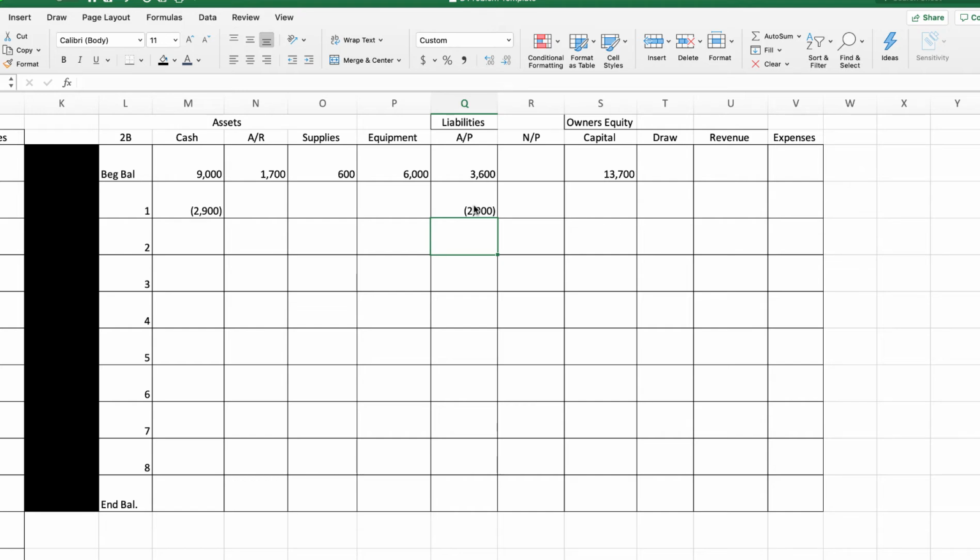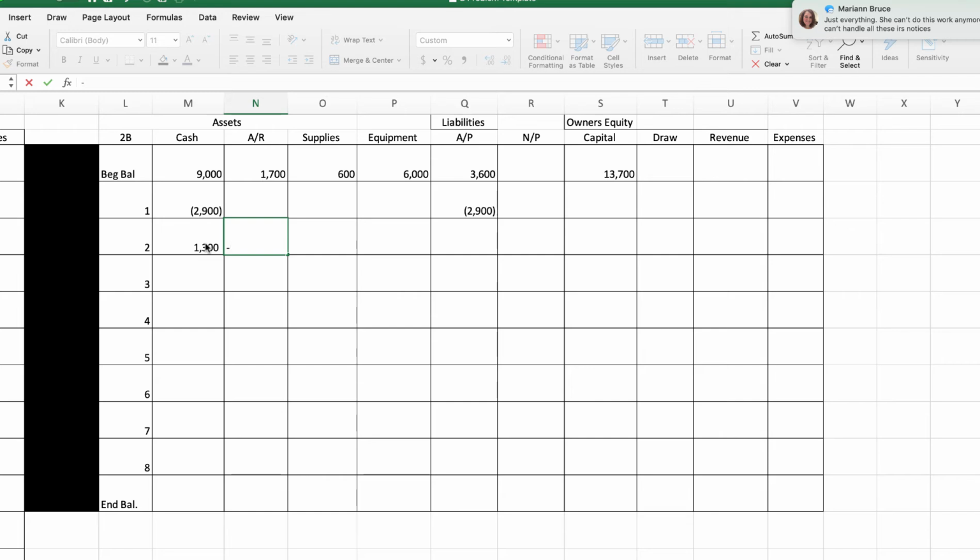So our cash is going to go up because we collected $1,300 of accounts receivable. That transaction means we received cash and we can decrease an asset. So I'm going to increase cash by $1,300 and decrease my accounts receivable by the same amount, $1,300.